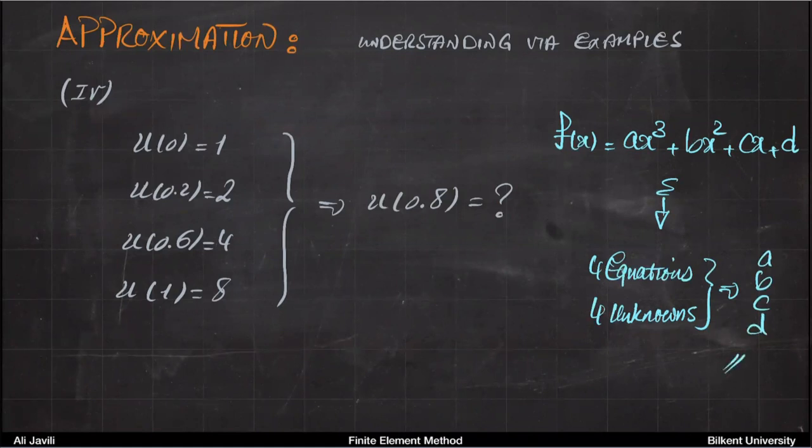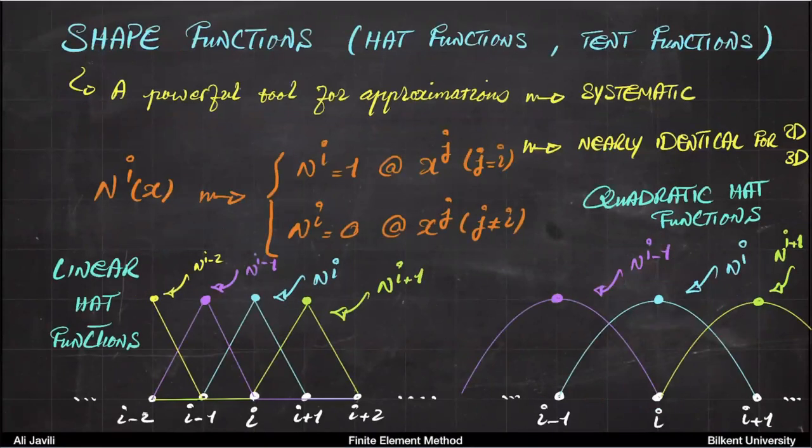And if you have that, then you have f of x, and then of course you can calculate that u that you wanted. So that's what we want to do today, but we want to learn a nice strategy to do it in a systematic way. And this is done through this concept of shape functions.